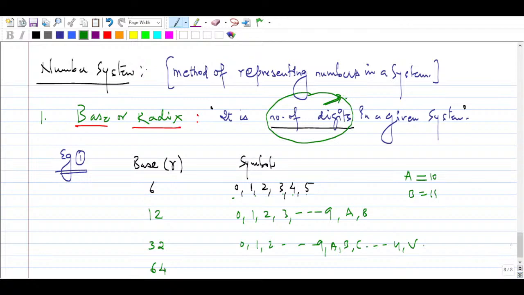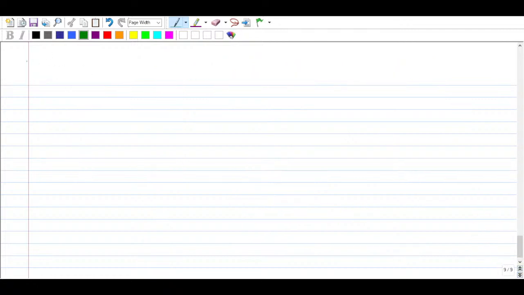In our case, which bases are we going to see? We will see base 2. In base 2, what are the symbols? There are 0 and 1 only, right?